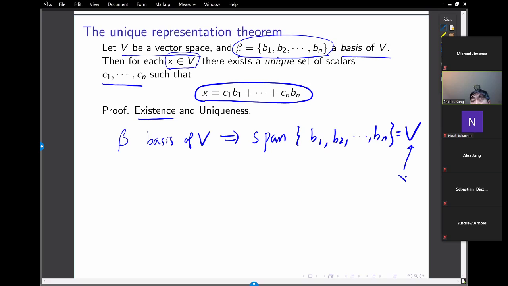Every vector x in V must be able to be written in terms of these vectors.